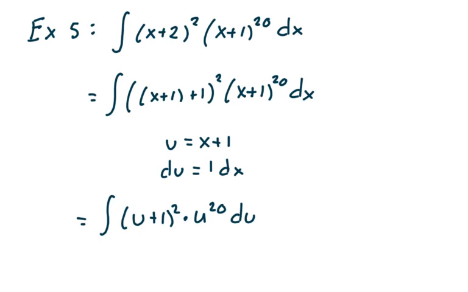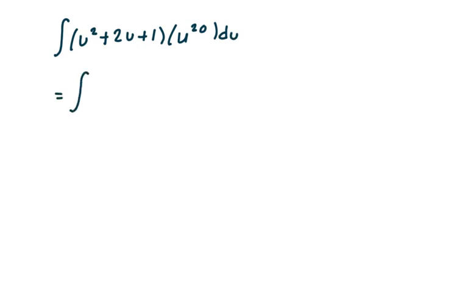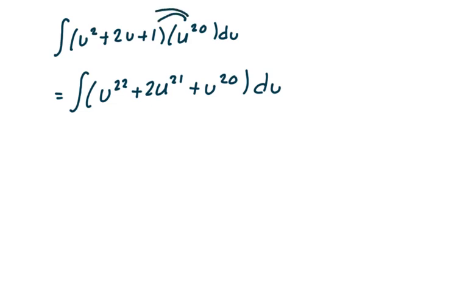Okay? Well, this is the integral of u squared plus 2u plus 1 times u to the 20th du, which is the integral of u to the 22nd plus 2u to the 21st plus u to the 20th du. So all I did was distribute the u to the 20th inside.